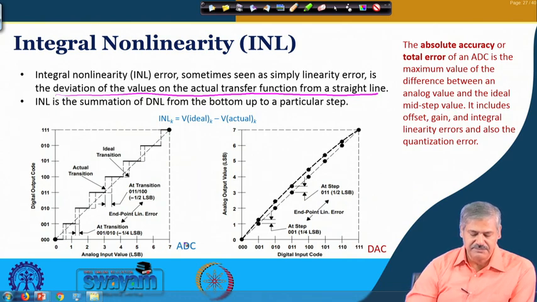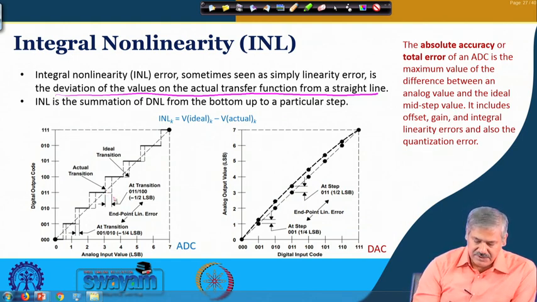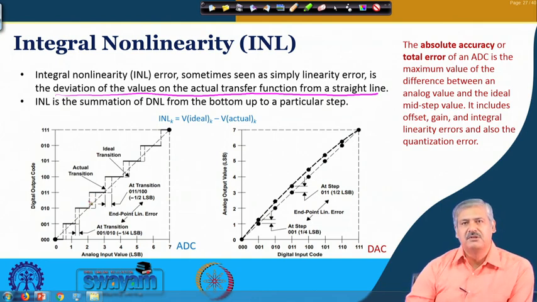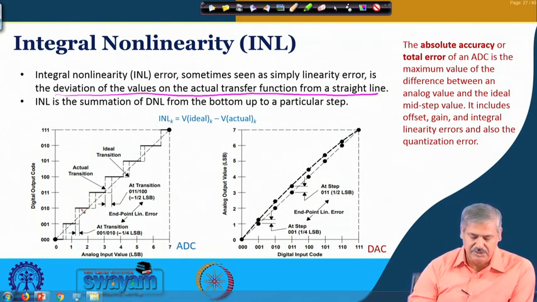So, this is the ADC. This is the analog input value and the corresponding digital code. This is the ideal transition, the dotted line, and the actual is the bold line. What you can see is the deviation occurring over here.